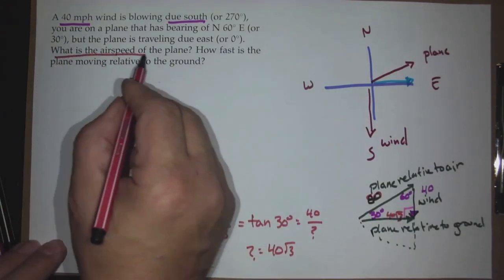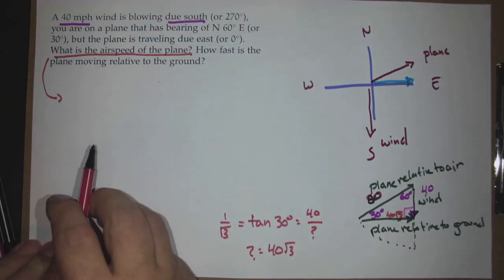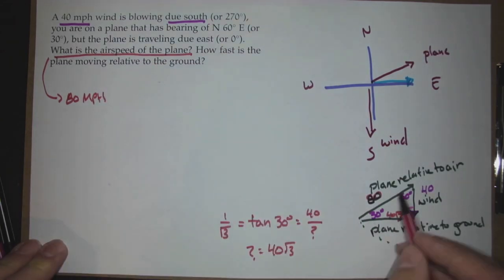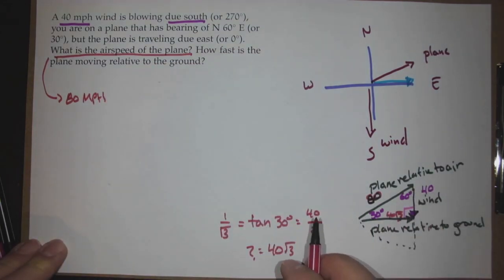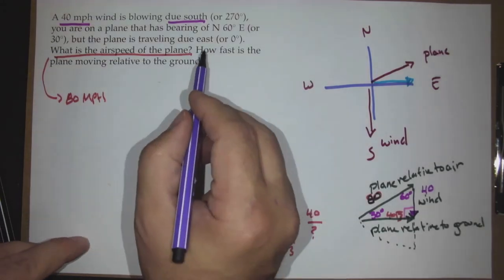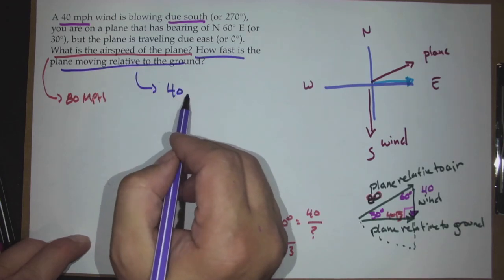What's the airspeed of the plane? What's the answer to that one? 80 miles per hour, because that is asking about this vector, the plane through the air, airspeed. And then the second question, how fast is the plane moving relative to the ground? It's moving at 40 root 3 miles per hour.